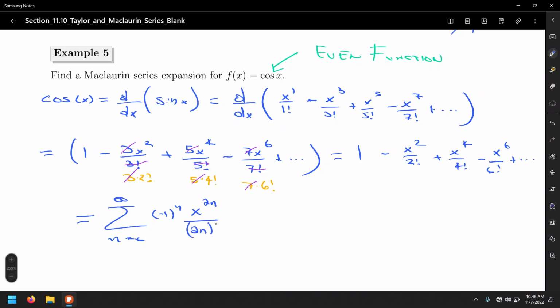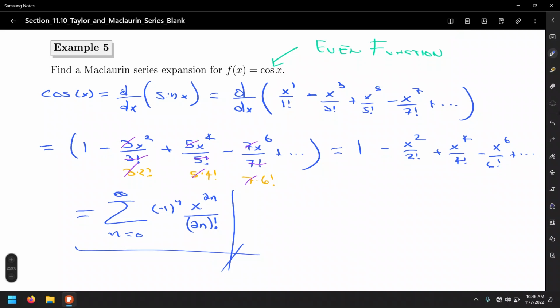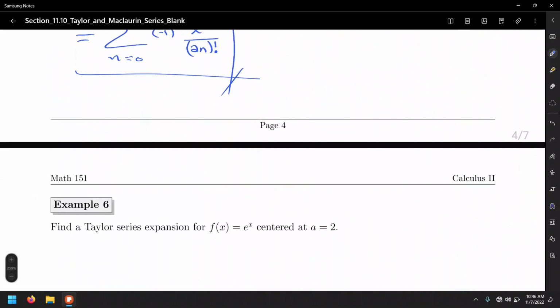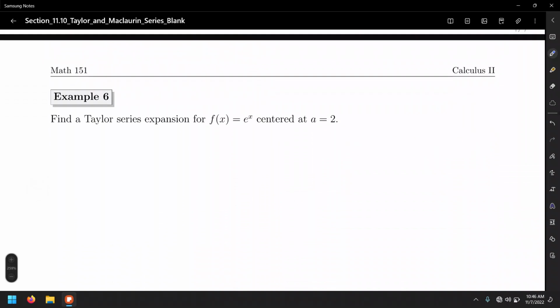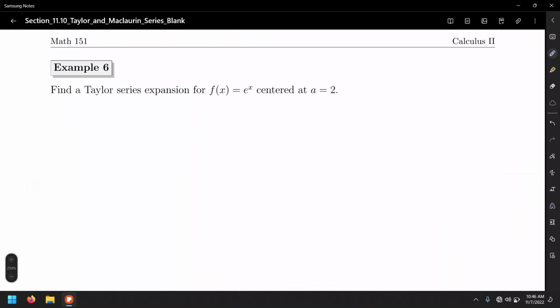However, careful with the denominator, it's the whole 2n being factorialized. And that's the answer for cosine. Instead of going through the whole process, use the information that we already have about sine, take the derivative, and that's it. For the next example that we're going to do next time, we're going to do a Taylor series and see how it's going to look like.